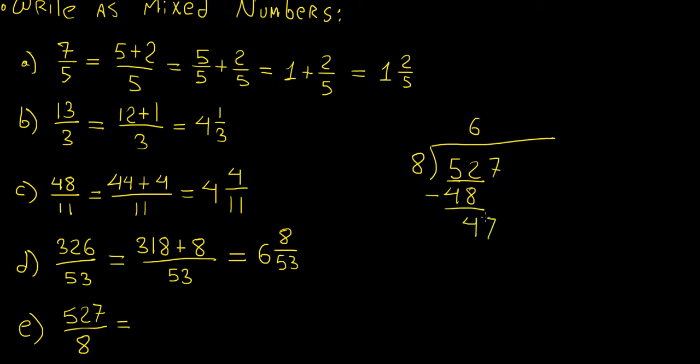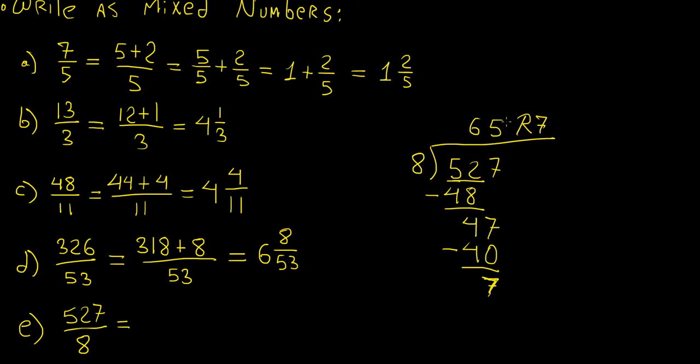We bring down the 7. If we multiply by 6 again, that's going to be just over 47, so we have to go with a number lower than that. 8 times 5 would give us 40. So let's do 5. 8 times 5 is 40. We're left with 7. We could continue with decimal places, but obviously we don't really want to do that. So let's just have remainder 7.